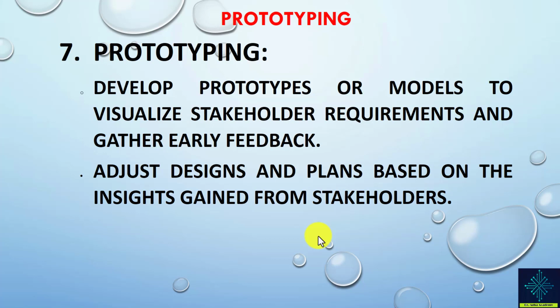Seventh tool is prototyping, and here we develop prototypes or models to visualize stakeholder requirements and gather early feedback. It's always helpful to have prototypes and models so that we have more visualization of the work to be done, and make sure that we are really fulfilling the requirements of stakeholders.